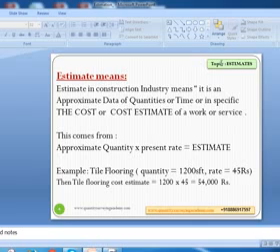It includes everything in the rate. Therefore, according to our formula, quantity 1200 into rate 45 will give you the amount of 54,000 rupees. Now this is the estimate. I hope it is clear.